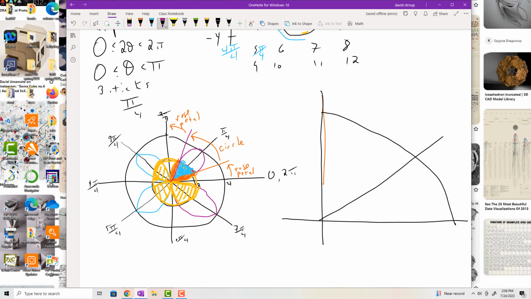So the graph of the rose petal kind of went like this. Oops. And then we got another circle in there. And what I'm saying is that in this, there's going to be kind of like two sections.